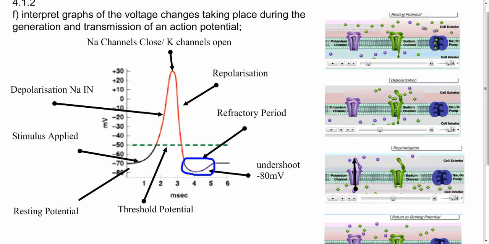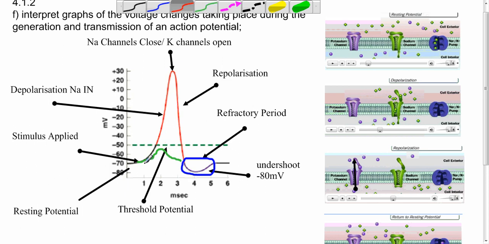And so what happens sometimes, if the stimulus isn't strong enough, and I'll just do this in a different color. So the black line in the end reached the threshold potential, and because it did, it then induced a full action potential in this part of the nerve. But what may happen if the stimulus isn't strong enough is that we have some influx of sodium ions and it goes up, up, up, up, up, but it's not quite enough, so it dies away again and returns to resting potential.